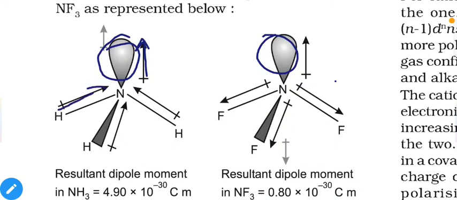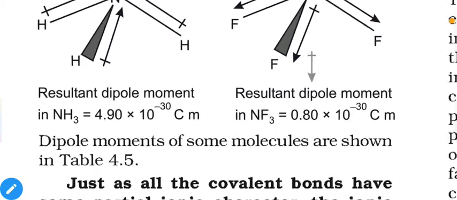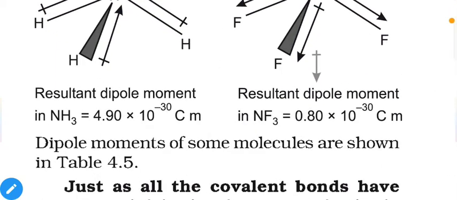In case of NH3, all of the hydrogens also support this direction, but in case of NF3, the electron pair on nitrogen is trying to pull negativity towards the top, but the more electronegative fluorines are trying to push negativity towards the bottom, and they are opposing each other, and that's why the dipole moment of NF3 is less than NH3.